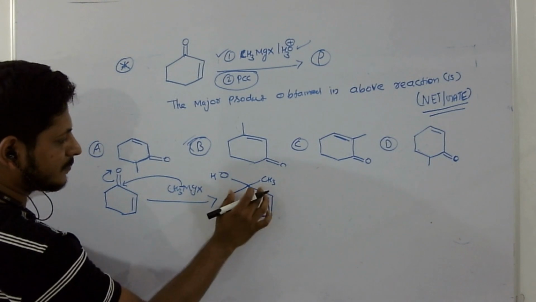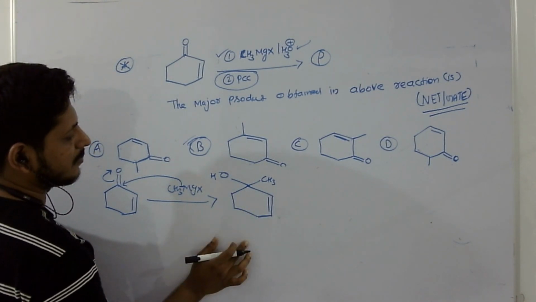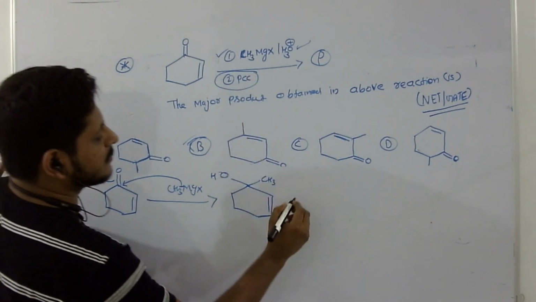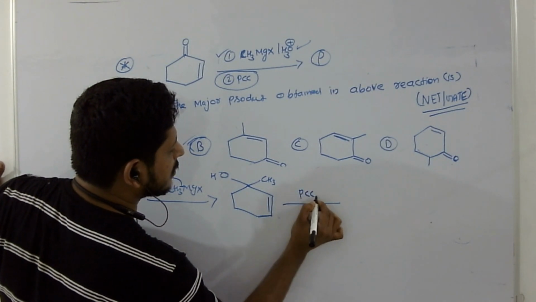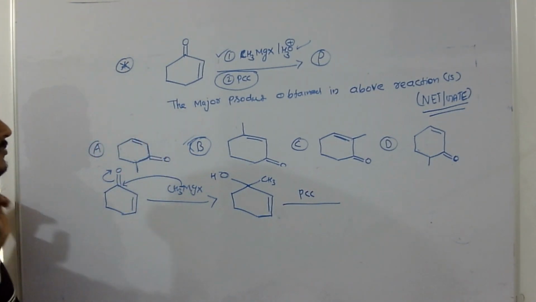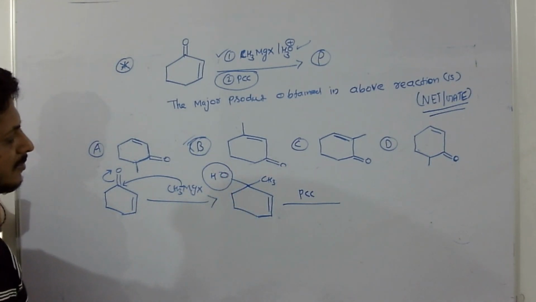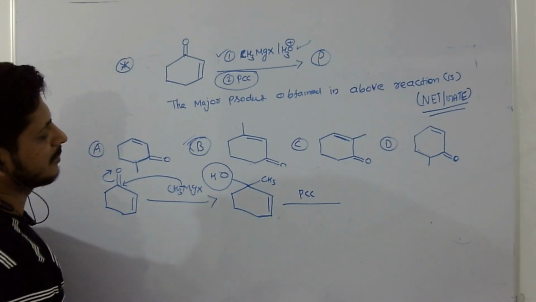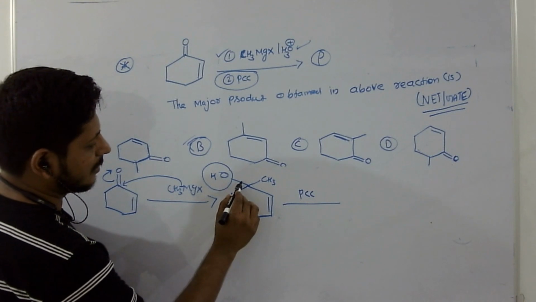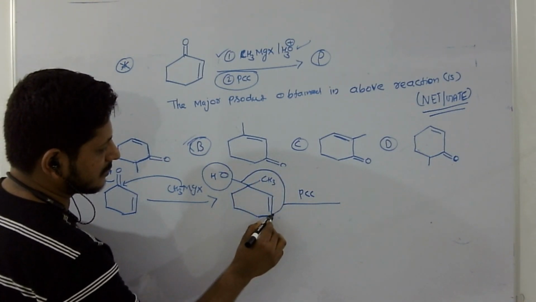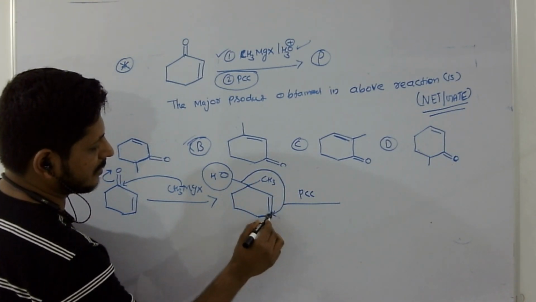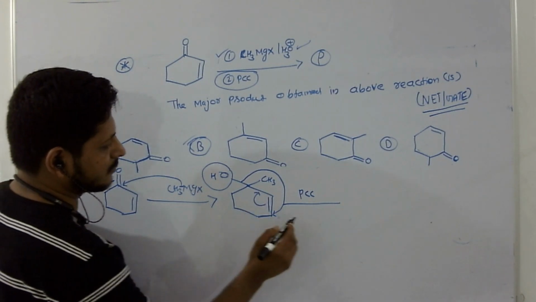If you look at this product, we know that it's a tertiary allylic alcohol, and we have the second step, PCC. So it will undergo Babler oxidation. We have already discussed how to solve the Babler oxidation. If you are given this allylic alcohol, we can approach through a tricky method that we have already discussed. That means if you shift this tertiary alcohol OH to here, then the double bond will shift to here.